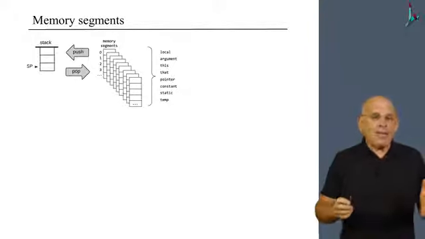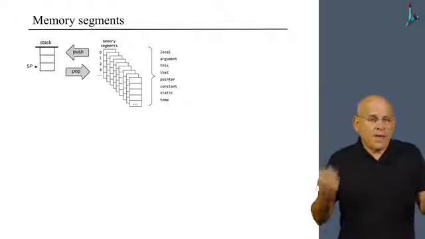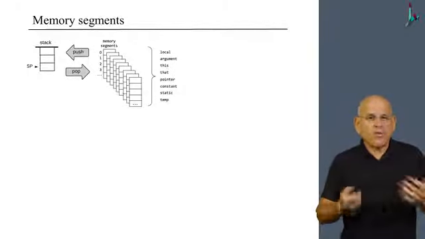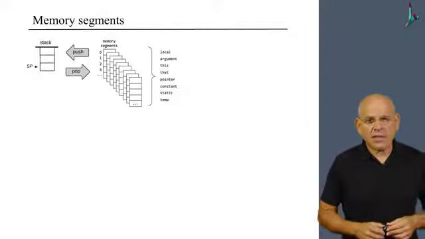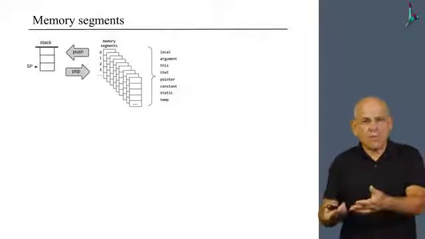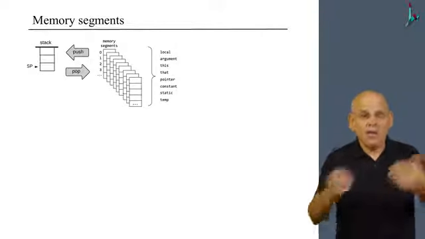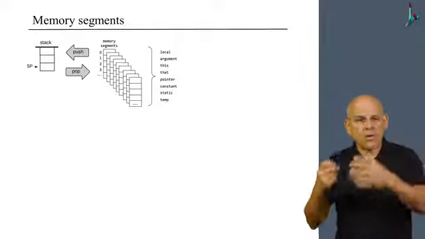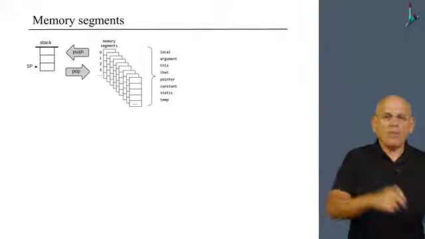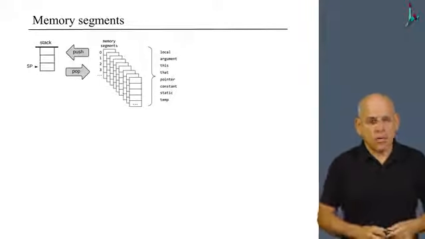And let me remind you that in VM programs, if we want to operate on these 8 segments, we have to use push and pop commands. And we always have to say on which segment we operate and on which entry within the segment. For example, push local 3 or something like that, pop static 2, and so on.